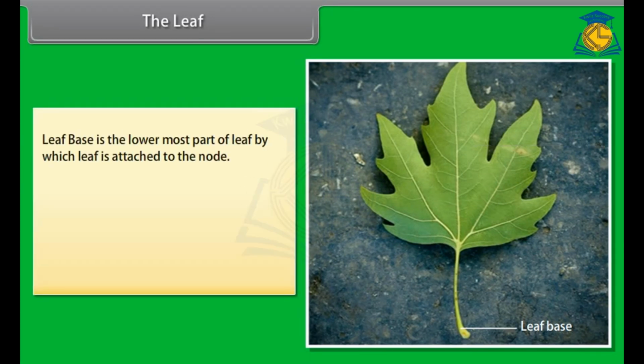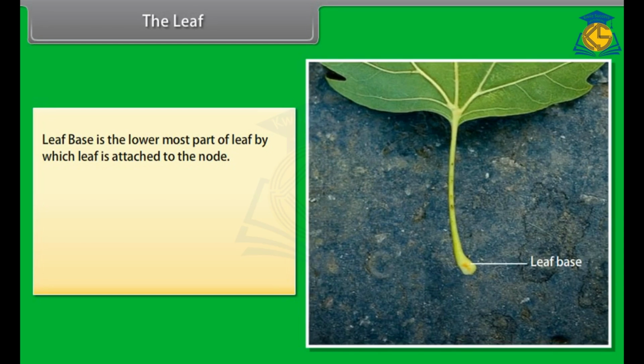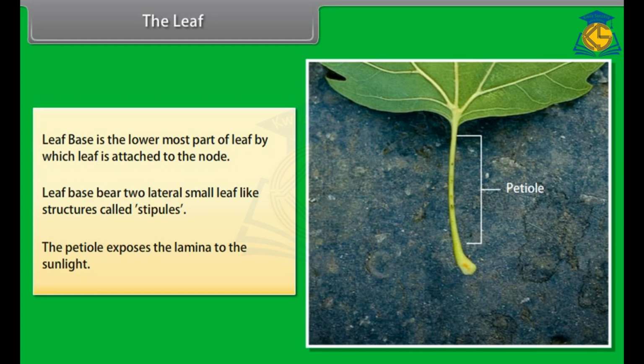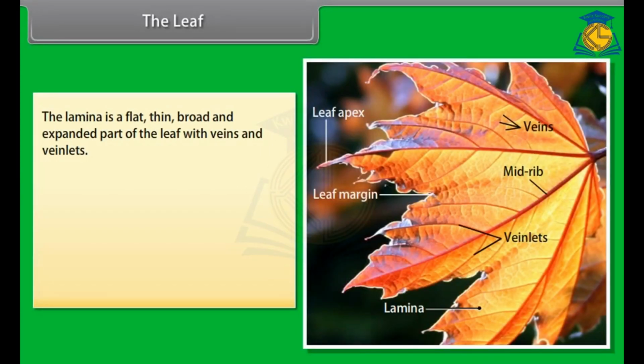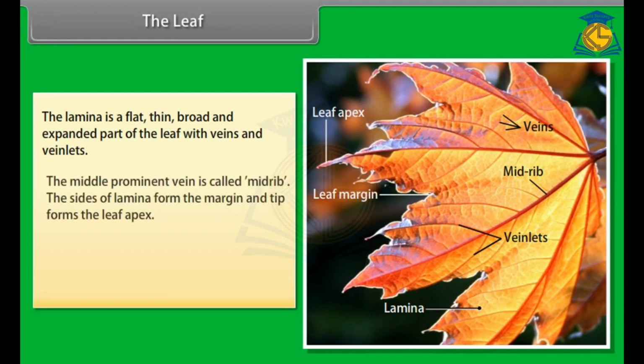Leaf base is the lowermost part of the leaf by which leaf is attached to the node. Leaf base bears two lateral small leaf-like structures called stipules. The petiole exposes the lamina to the sunlight. The lamina is a flat, thin, broad and expanded part of the leaf with veins and veinlets. The middle prominent vein is called midrib.